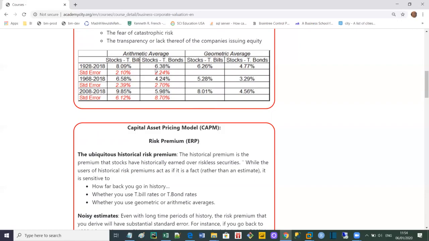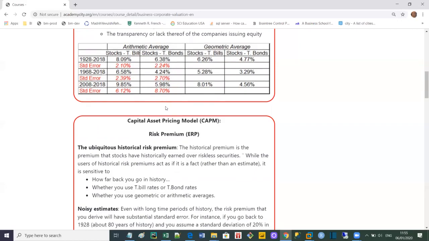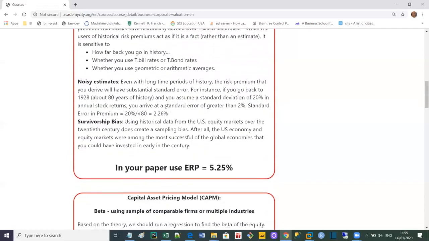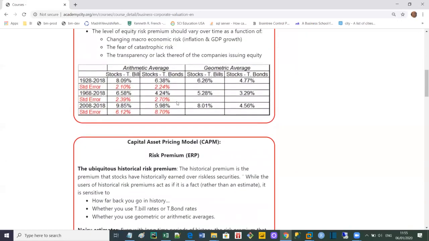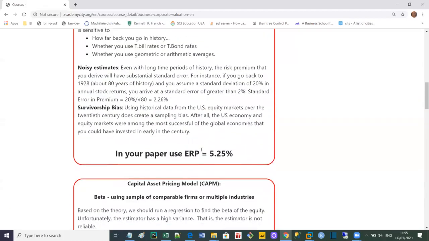The ones that did not survive are not included, okay? Because we don't really have any way to measure them anymore after they went bankrupt. So that's what is called survivorship bias. So by estimating 5.25, we're really more on the lower bound than already closer to 6%. In some respect, we're taking that effect into account.